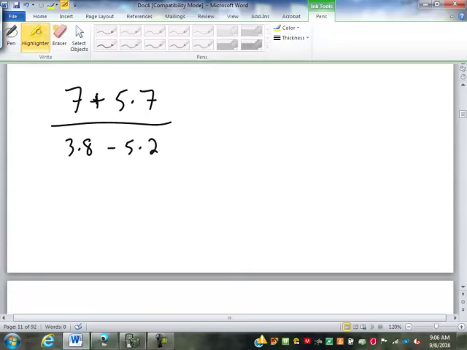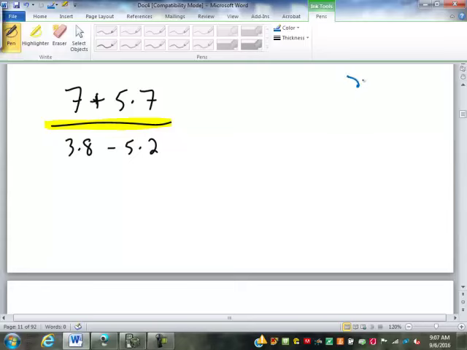To understand this problem here, we need to understand this symbol here. What does that mean? Okay, it does mean divide. It's called a fraction bar. Now, one of the things it does tell us to do is to divide, but it's also an enclosing symbol. It's separating the top of the problem from the bottom. So it's saying we have to do everything on top first, do everything on bottom next, and then divide.